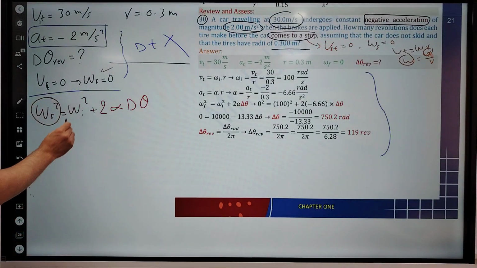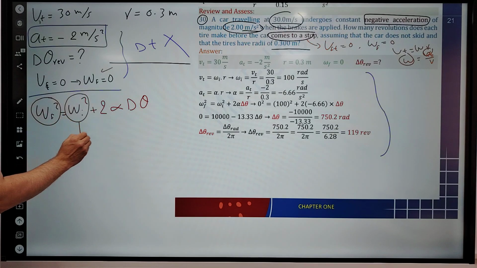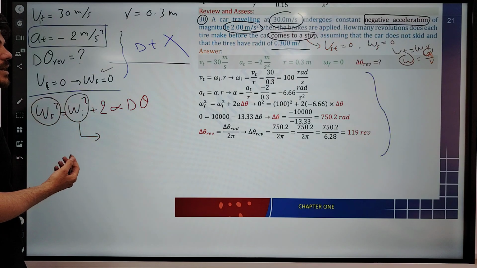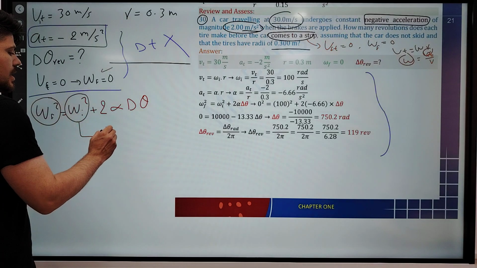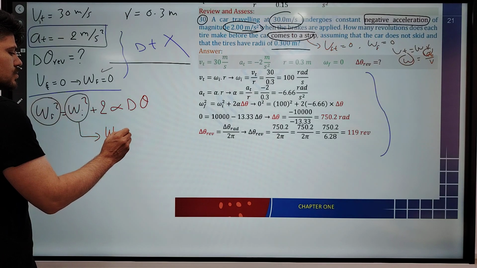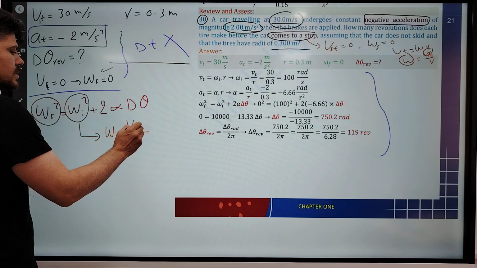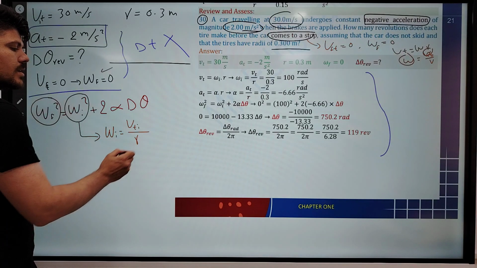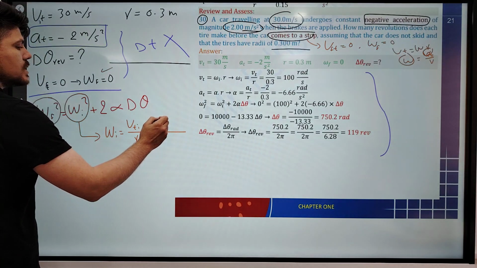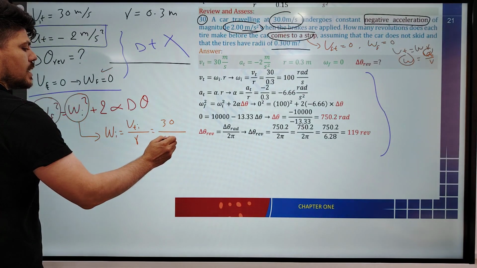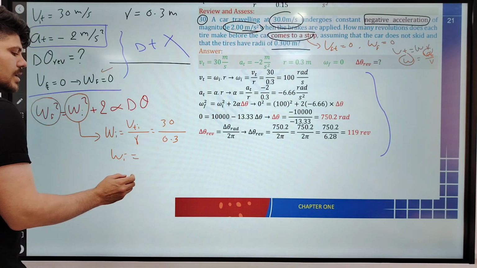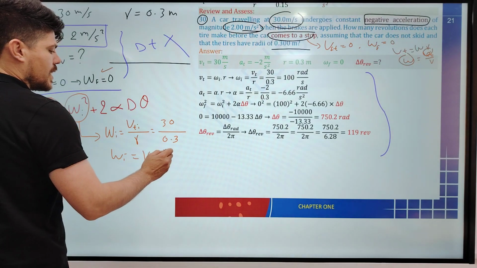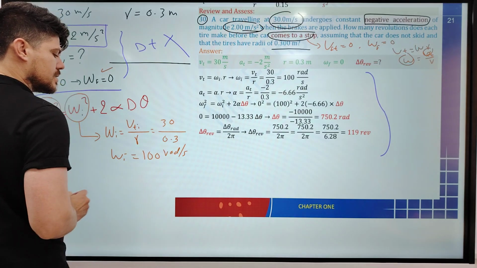Okay? So do we have omega initial? No, we don't have omega initial, but we can find it. How can you find initial angular speed? Initial angular speed is equal to Vt initial over r, which is equal to 30 divided by 0.3, equal to 100 rad per second.